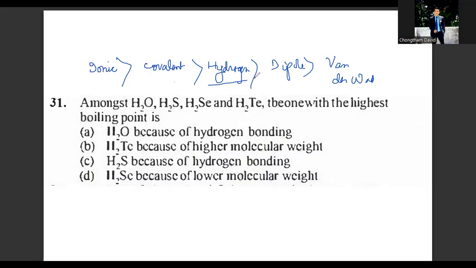So hydrogen bonding increases the boiling point. Hydrogen bonds are formed in compounds having fluorine, oxygen, and nitrogen. We call it FON, right? So sulfur, selenium, tellurium cannot undergo hydrogen bond formation because of their large size and low electronegativity values. So the option would be A.